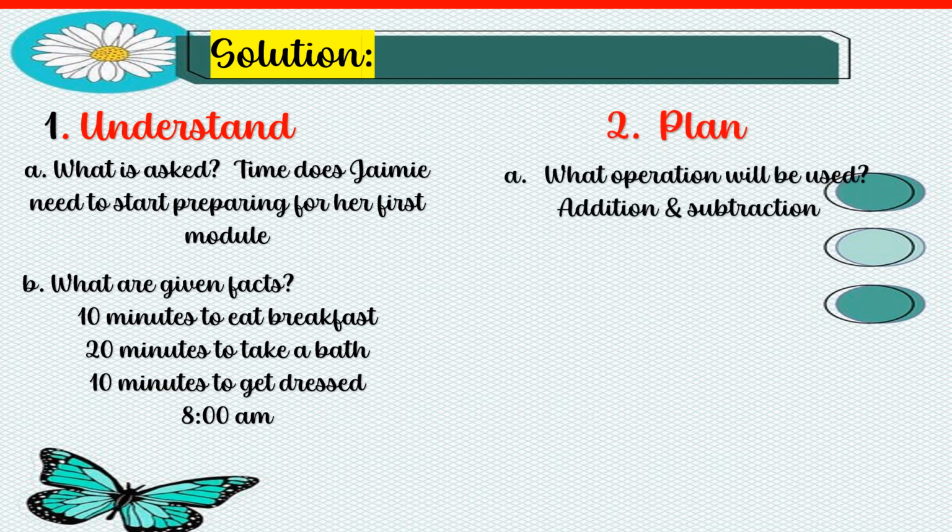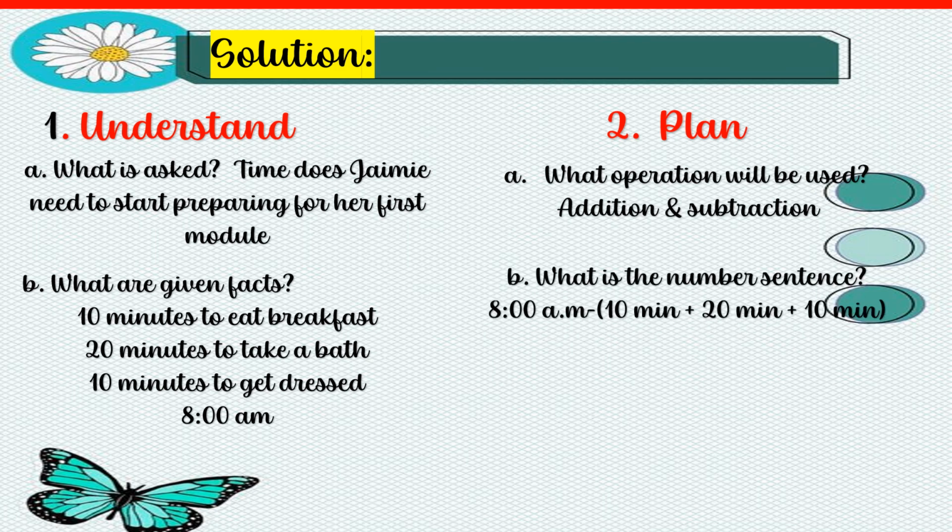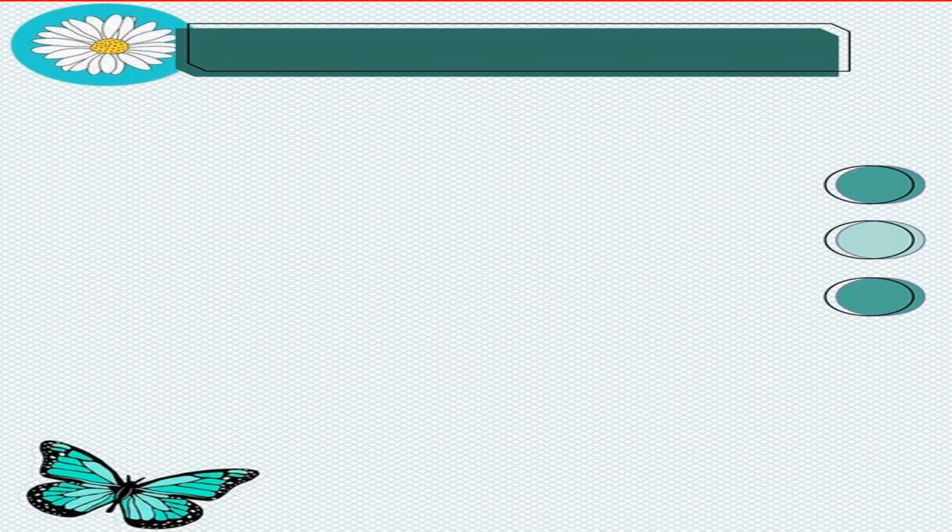Ano ba yung mga dapat nating gawin? A, what operation will be used? Of course, addition and subtraction. Then B, what is the number sentence? So here is the example number sentence. 8 AM minus, we have 10 minutes plus 20 minutes plus 10 minutes.